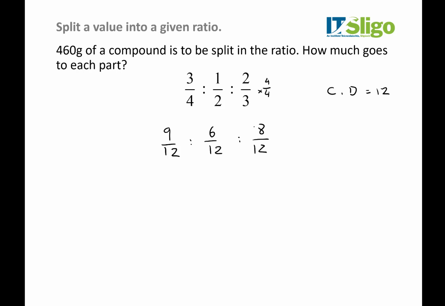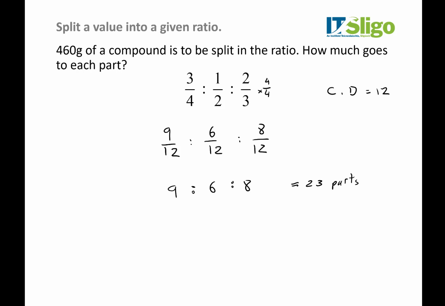And now, guys, I can simply ignore the denominators because I've 9 of these bits, to the 6 of these bits, to the 8 of these bits. The ratio is 9:6:8. And when we add these together, 9 plus 6 is 15, plus 8, that's 23 parts to be accommodated.